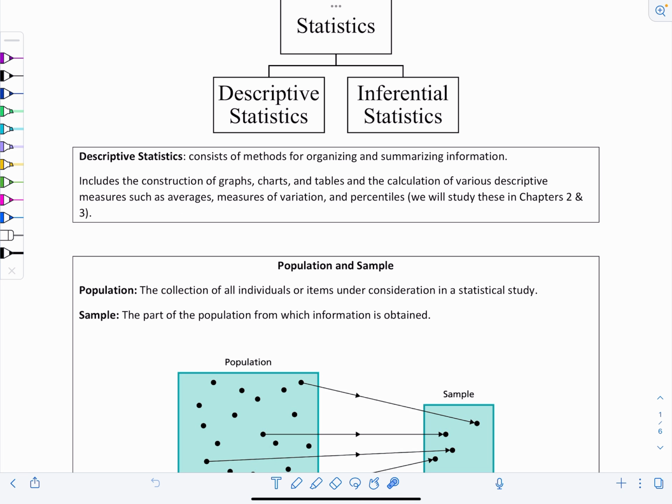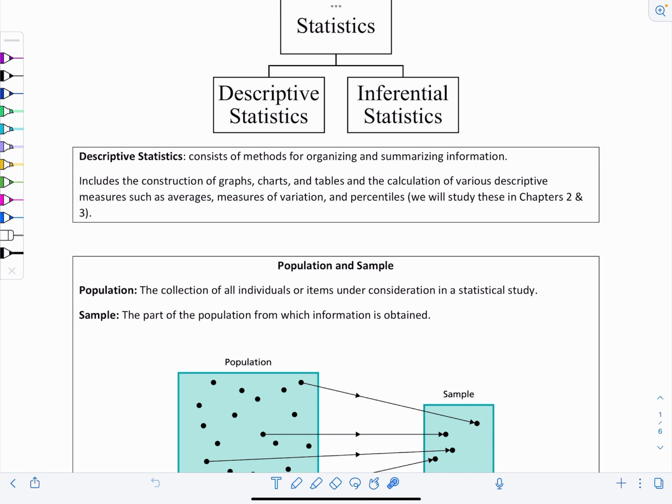And we're going to see how to do that in the later chapters. But besides that, descriptive statistics doesn't do anything else. So it's just organizing and summarizing info or data. Got it? Okay. Now, the second branch of statistics is inferential statistics.